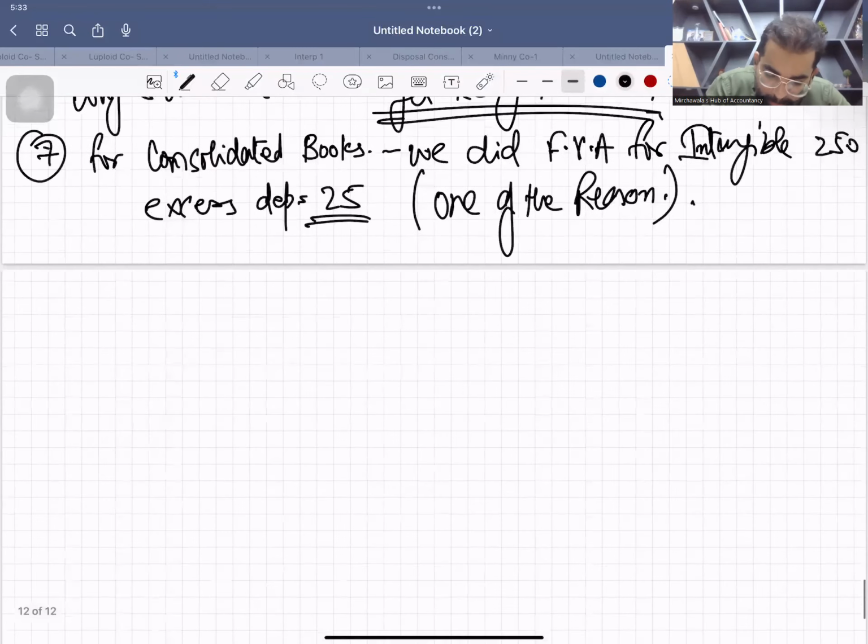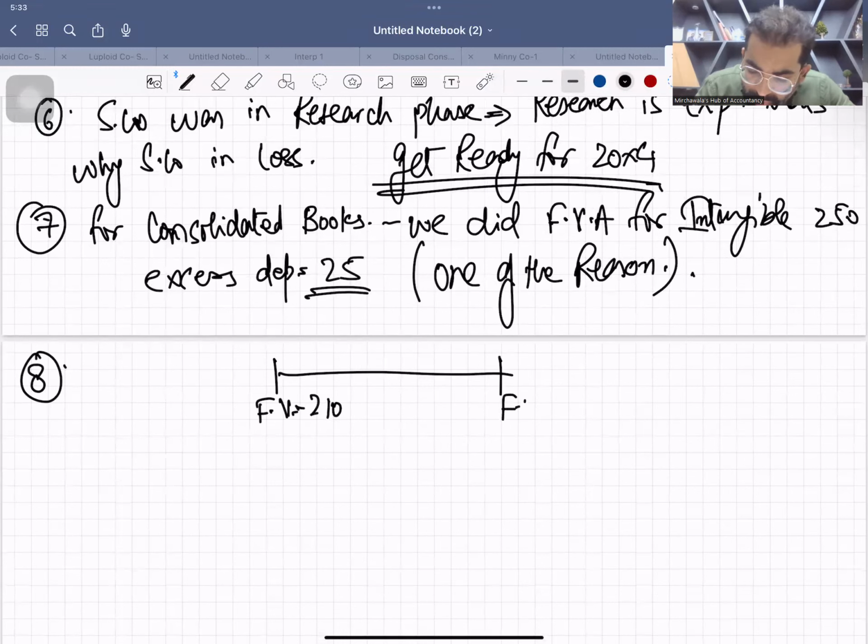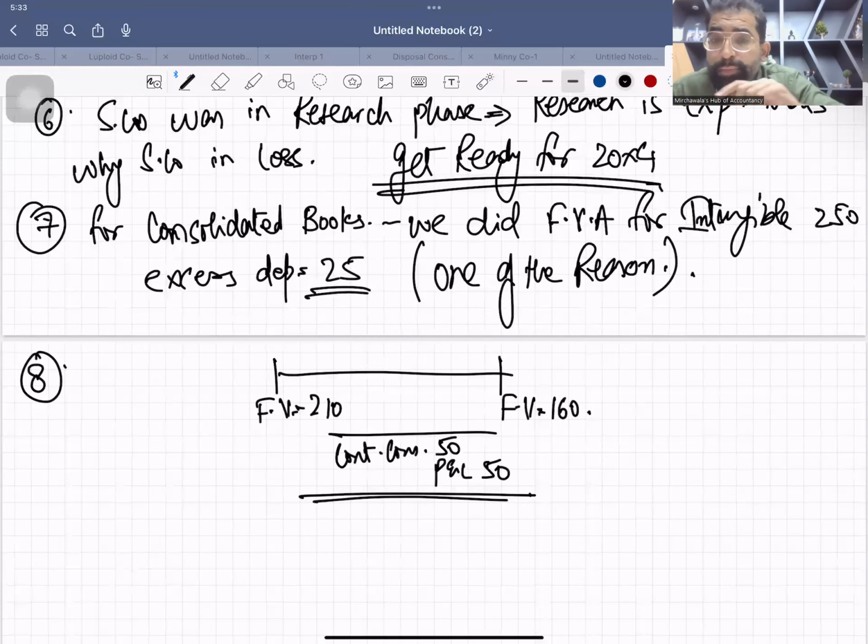Now, 8th point is a good one. You remember one thing I taught you, that contingent consideration must always be recorded at fair value at acquisition date, but later on the fair value changed. It was changed from 210 to 160. So remember, we made this entry: contingent consideration debit 50 and P&L credit 50. This year this entry was made. I have already taught you in the beginning of this question.